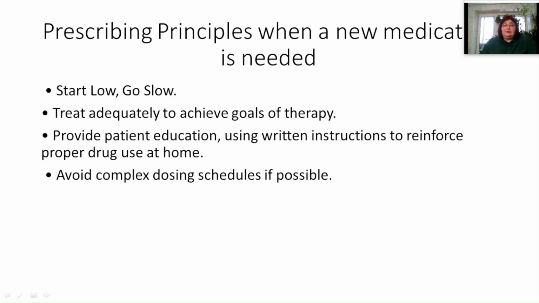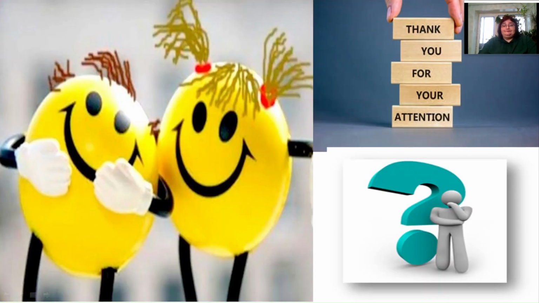Prescribing principle: when a new medication is needed, start low, go slow. Treat adequately to achieve goals of therapy. Provide patient education using written instruction to reinforce proper drug use at home. Avoid complex dosage schedules if possible.